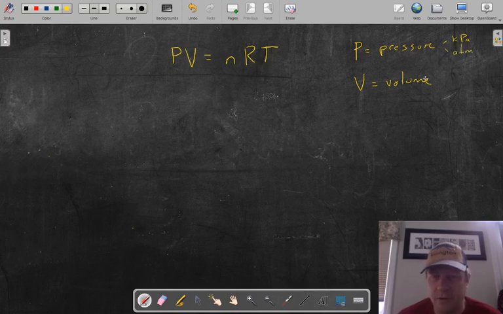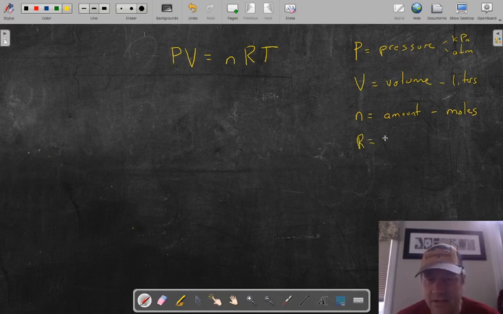It can be a bunch of different pressure types, millibars, things like that. Volume is usually liters, or some variation of liters, milliliters, and so on. n is the amount of gas. Remember, when we're talking in chemistry, we're talking about amount of things. We're talking moles, so that's how many moles of gas I have.